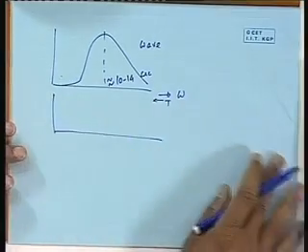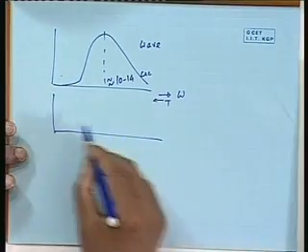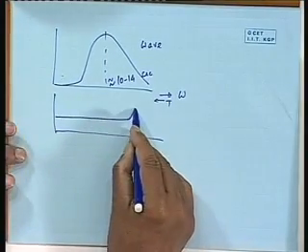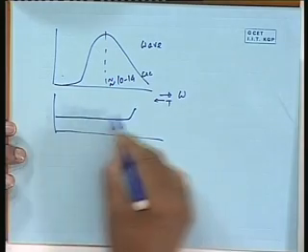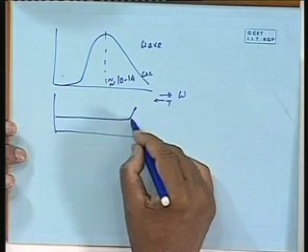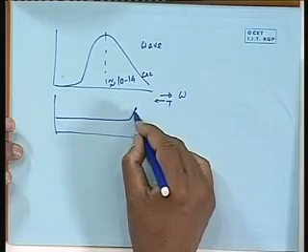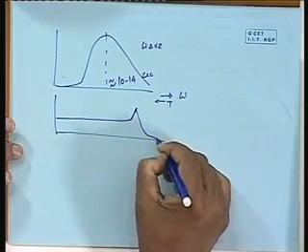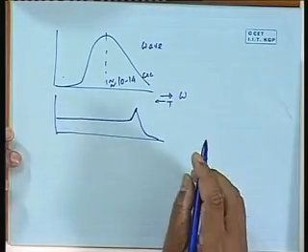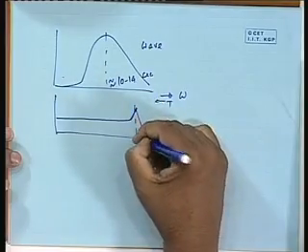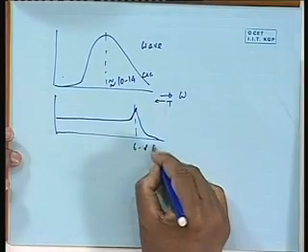Now a barge typically would have a response like this, maybe something like this. A barge might have a higher peak at about 6 to 8 seconds period.